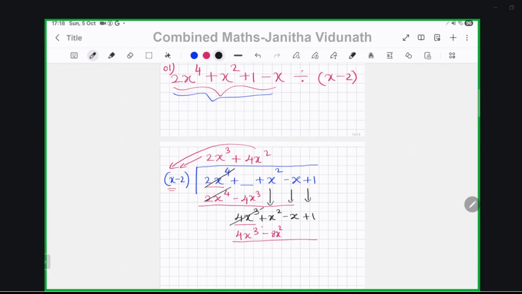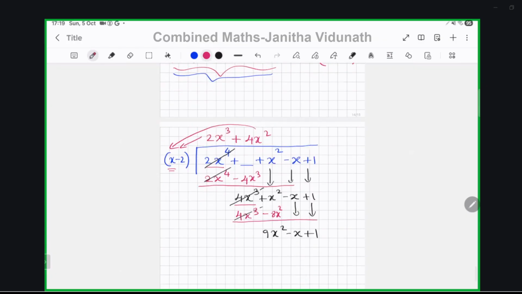Then it will remove those terms and we will get 9x square from the subtraction. Then we need to bring down those two terms, minus x plus 1. Then we need to divide this with the x.